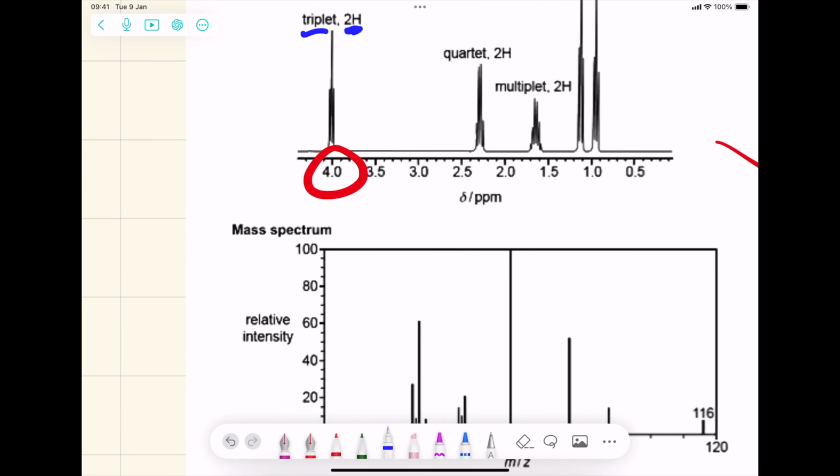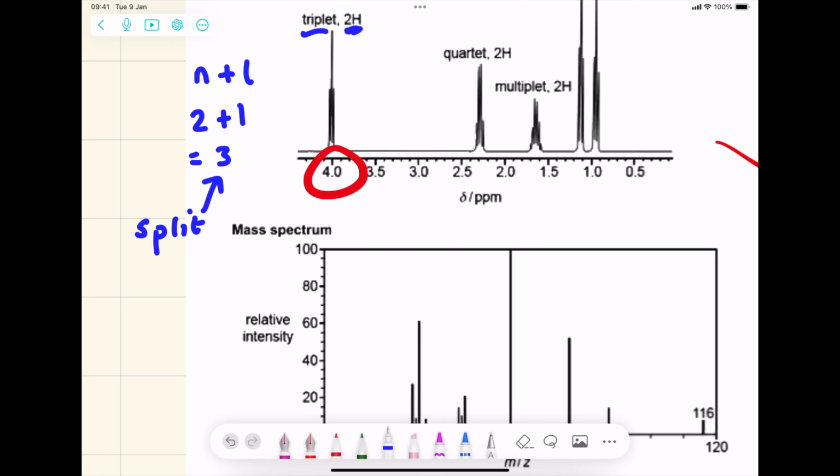And from what is called the n+1 rule, so just assuming you know what that means, the n stands for the number of hydrogens on the adjacent carbon. To get a triplet, you must have 2 on the neighbouring carbon plus the 1 will equal 3. And that number there, that tells you what the current peak will be split into, which in this case is a triplet.